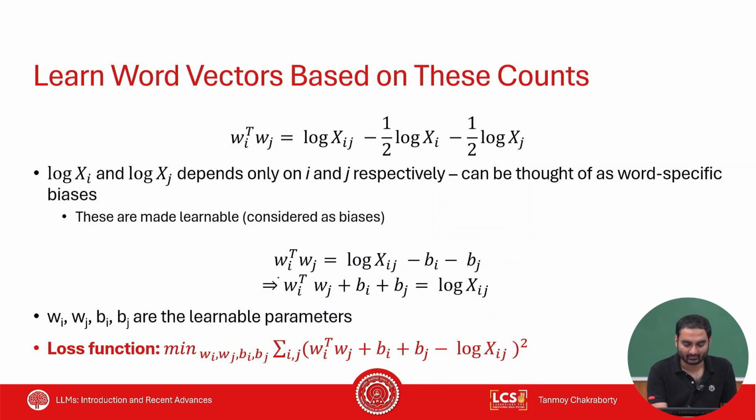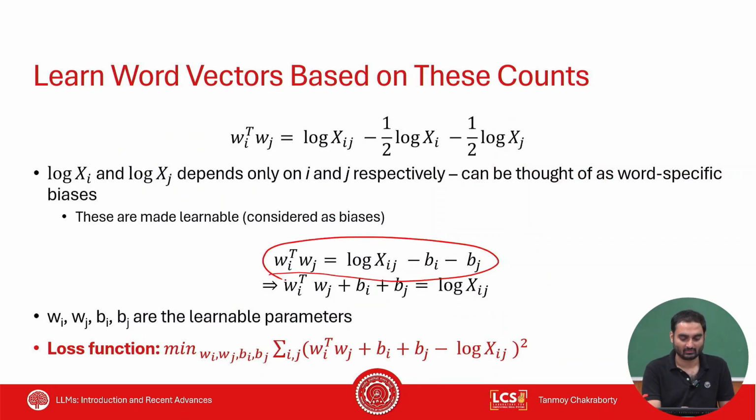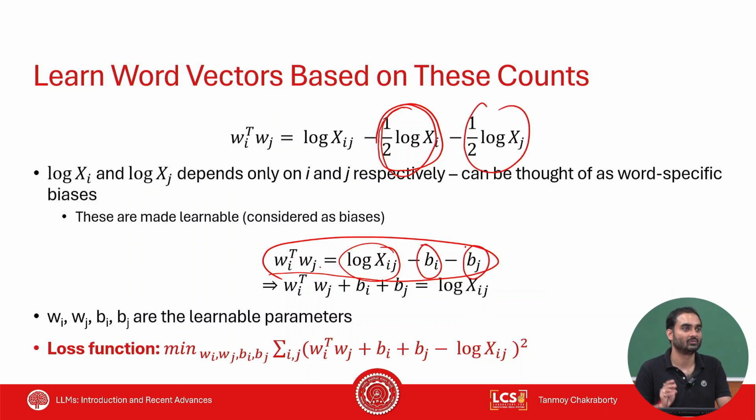So now this is my resultant formula: wij log Xij. What I'm saying is that I will create a neural network which will try to model this using a bias term bi, and try to model this using another bias term bj. Now if you think that this is not possible, you can also simply ignore these two terms.